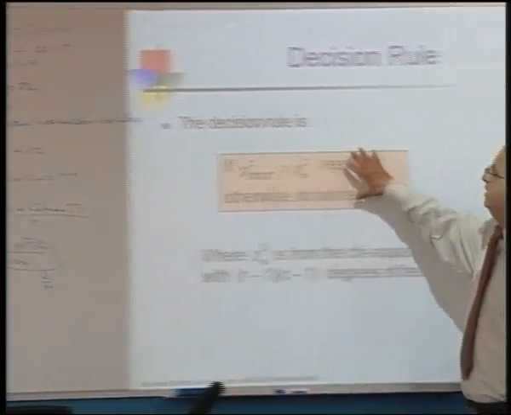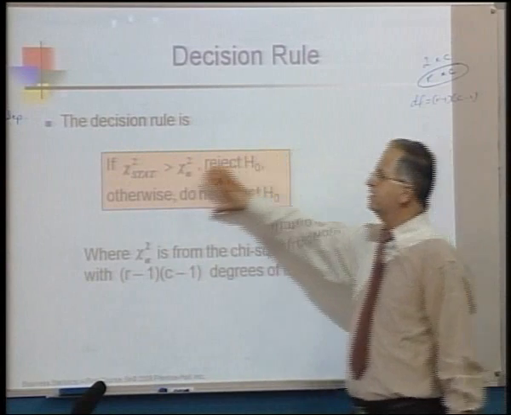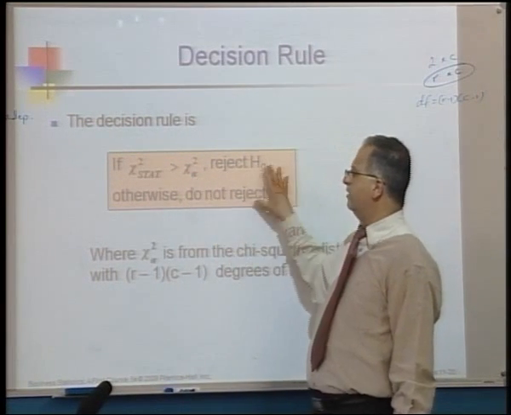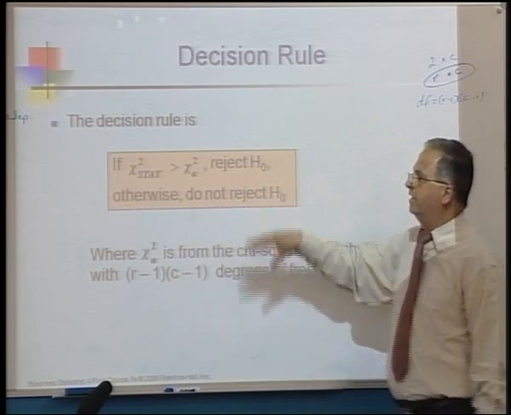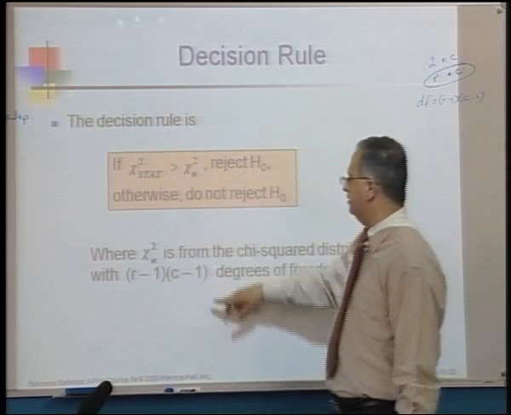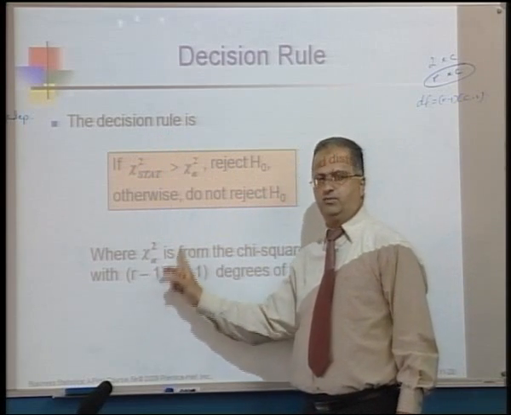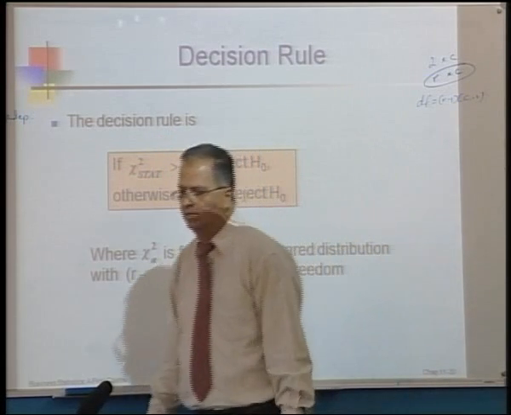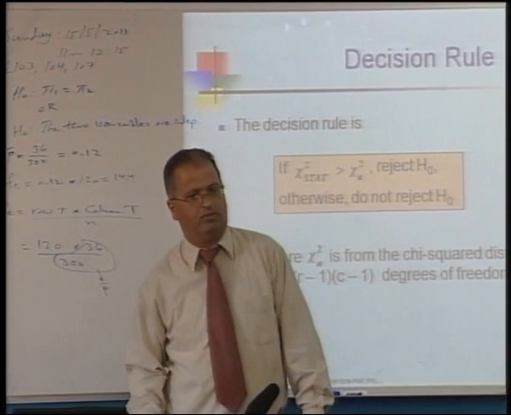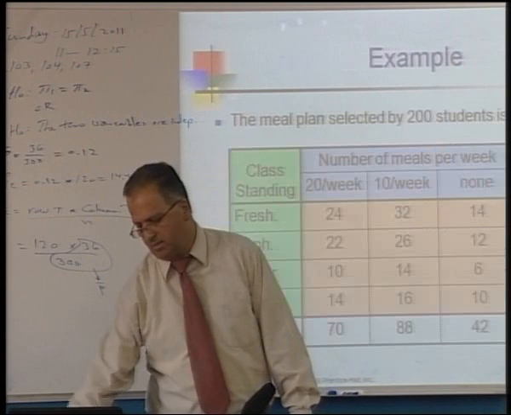Again, we reject the null hypothesis if your chi-square statistic is greater than chi-square alpha, otherwise you don't reject. And keep in mind, the chi-square statistic has degrees of freedom r minus 1 times c minus 1. That's all for chi-square as a test of independence. Any question?